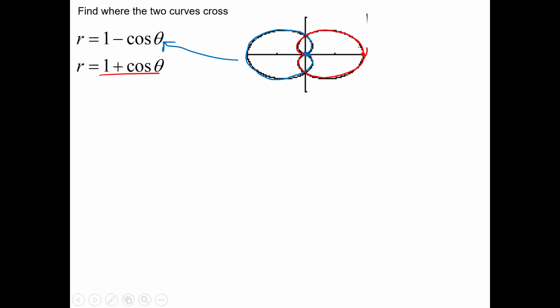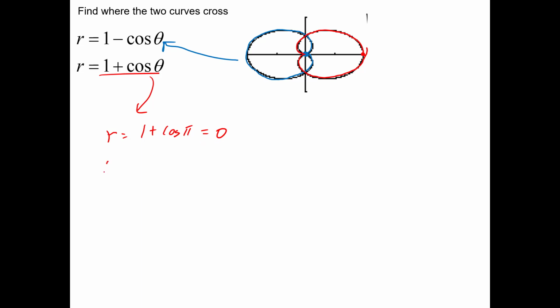And you can see that when theta is pi, this curve right here is at the pole. When theta is pi, r is equal to 1 plus the cosine of pi, and so that is 0. And if r is 0, you're at the pole.